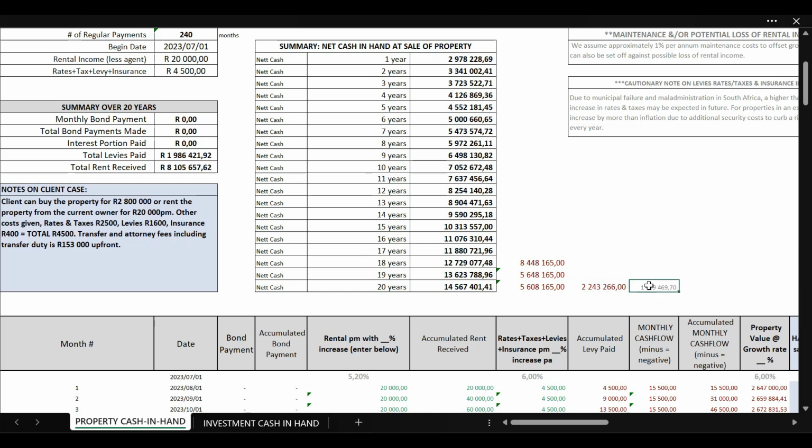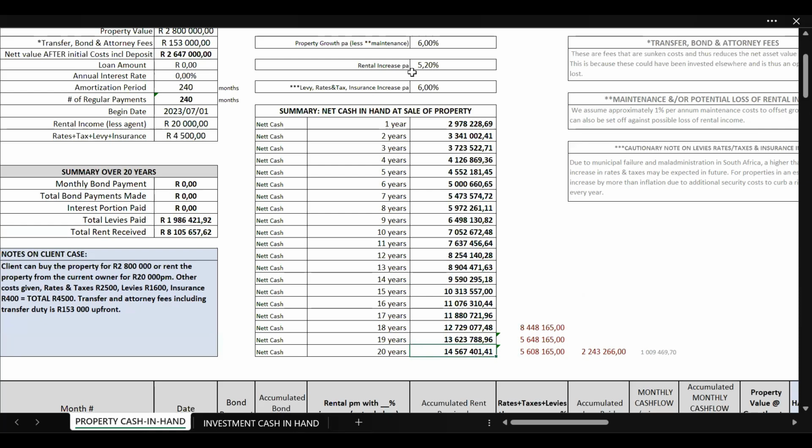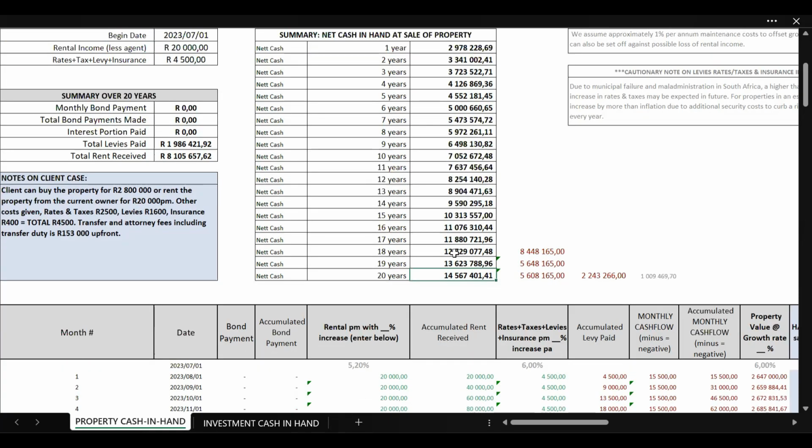Okay, so that's another million there. So of the 8.4 million sale price, you'll pay another million worth of tax that comes off the total property price, but it will reduce this amount of cash that we will assume you're going to have in your pocket after 20 years of renting out this property with all these assumptions built in here.